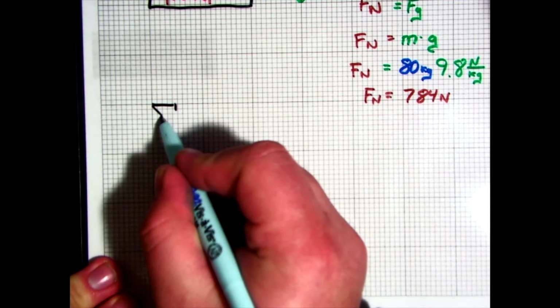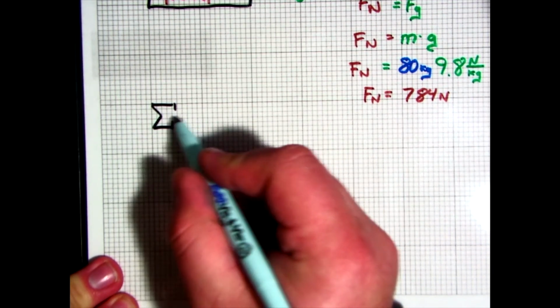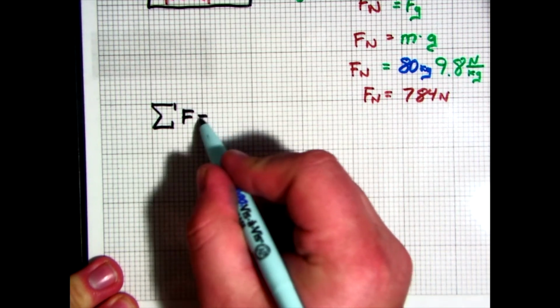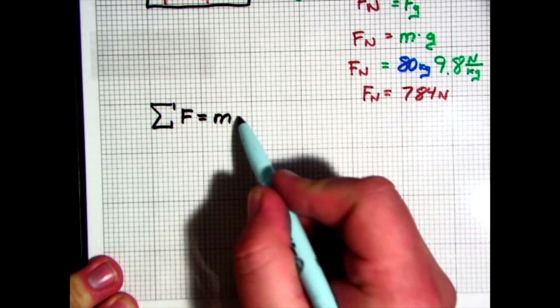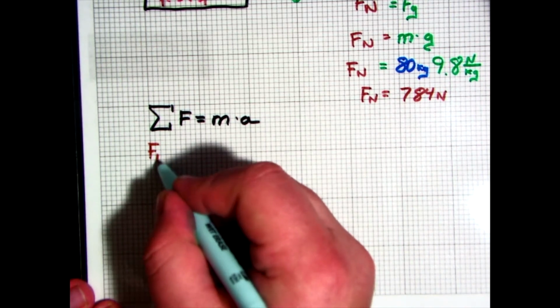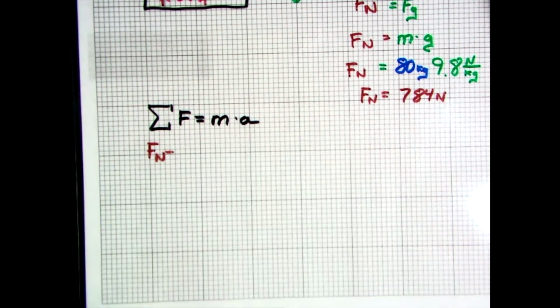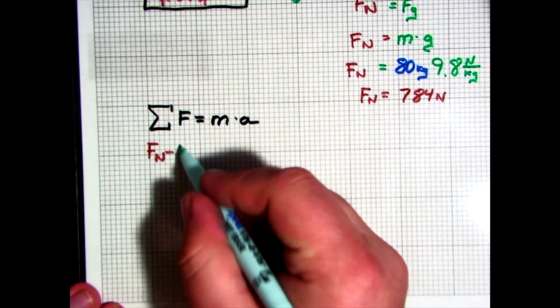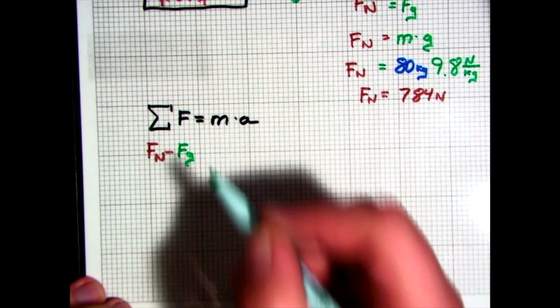So a lot of this process is going to remain the same. We still have the sum of the forces equals mass times acceleration, and the sum of the forces is going to be force normal, positive since it's going up, and force of gravity, which will be negative because it's going down.